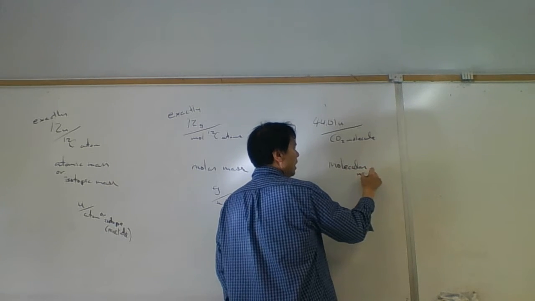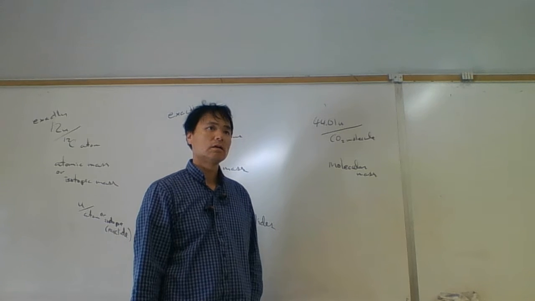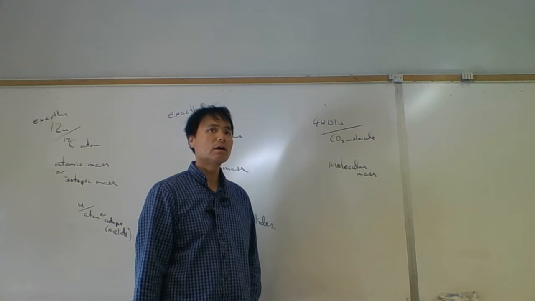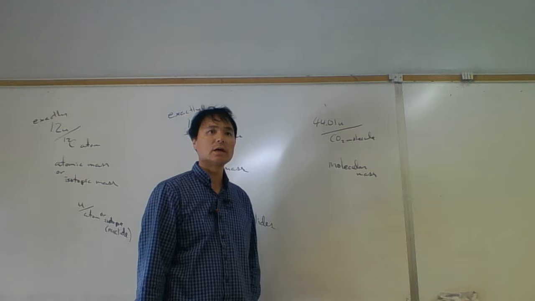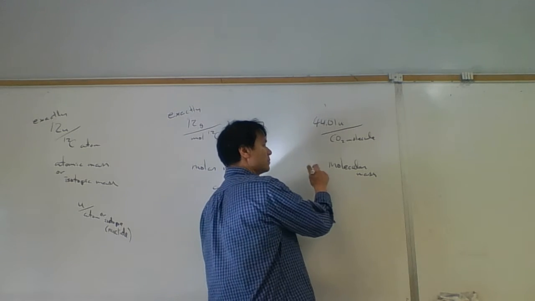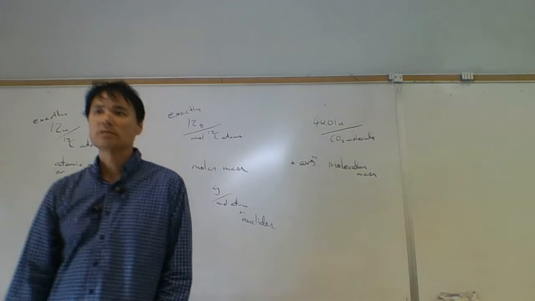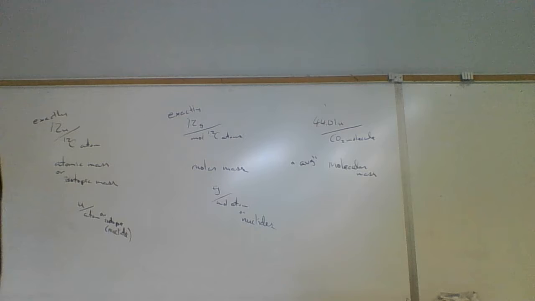I could call this molecular mass, or I could call this the average molecular mass. I'm leaving off average here. It's the average, so I'm not looking at specific isotopes.